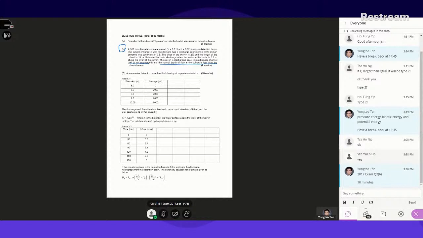So you can easily see that it's type 3. That means you just use the equations for type 3 to find out the answer for these questions.